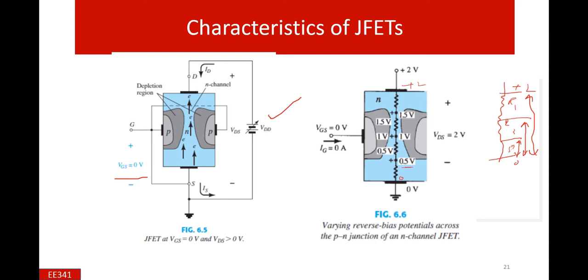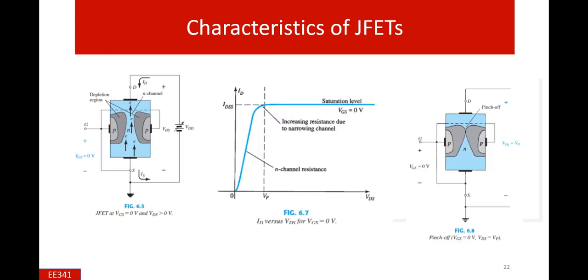And there is also the resistance of the n substrate, and if we want to overcome this substrate resistance, then we have to increase the voltage of this source if we want to change the current ID. This is the important characteristic. And if we further increase the voltage, what happens?